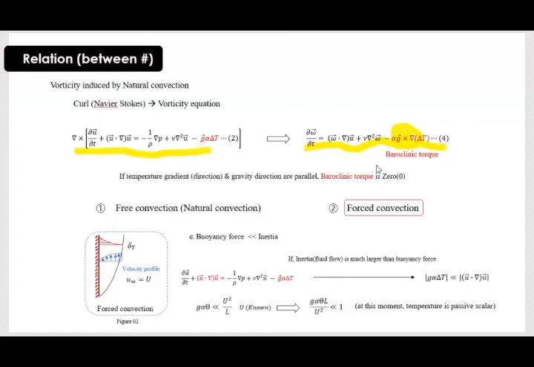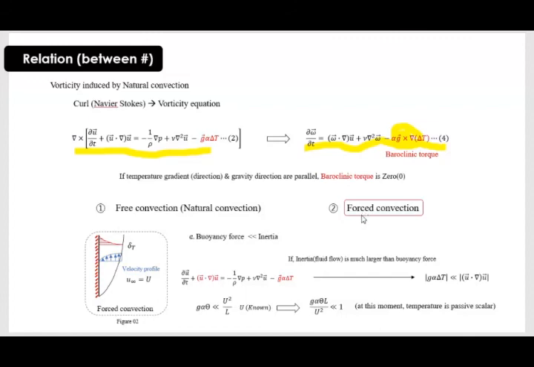This term allows vorticity to form only when the direction of gravity and the temperature gradient do not match.